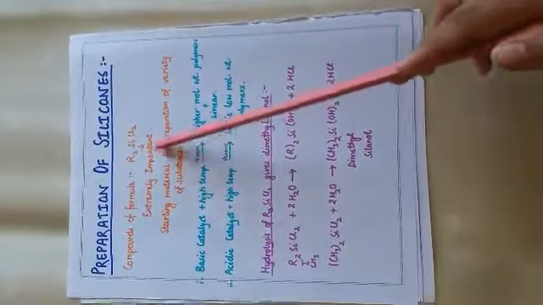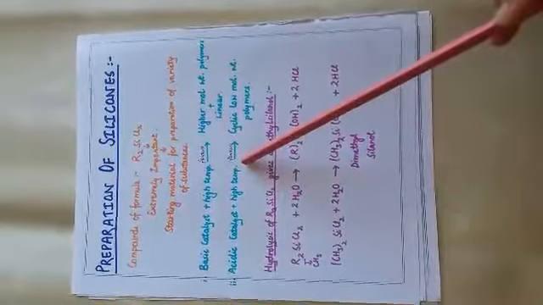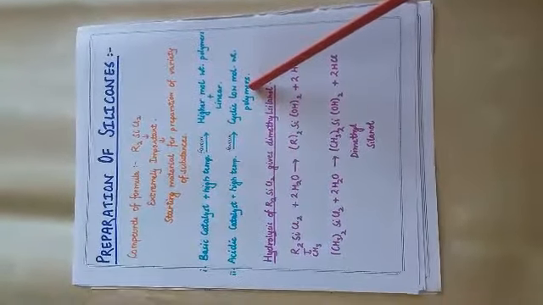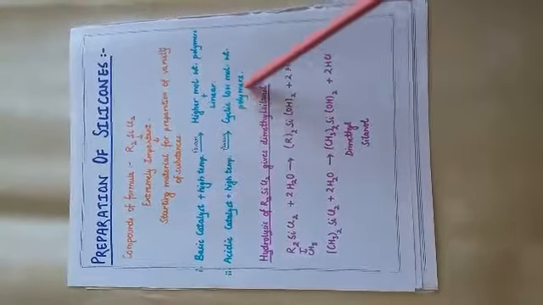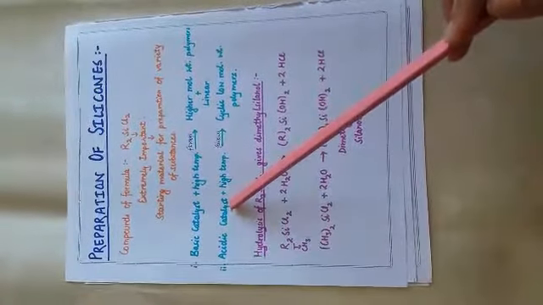If we react this with an acidic catalyst at high temperature, it will favor cyclic low molecular weight polymers. So the desired polymers we can form by reacting them with the respective catalysts.